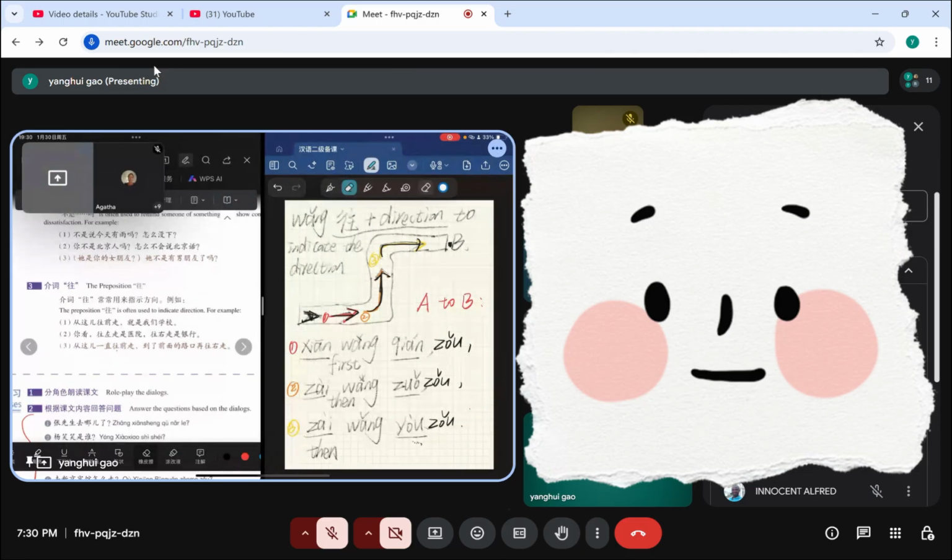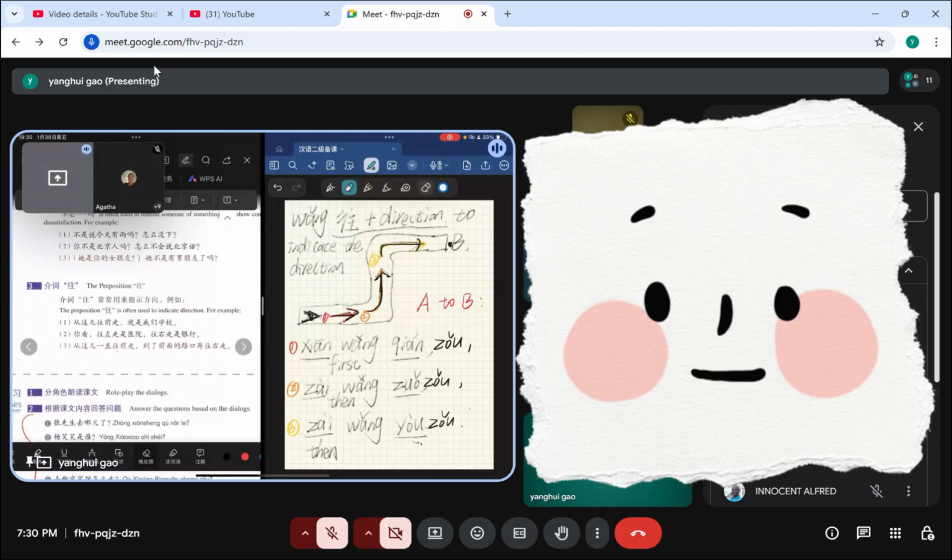Okay? So now let's read this sentence together. First sentence, 先往前走. 先往前走. Okay, and next one, 再往左走.